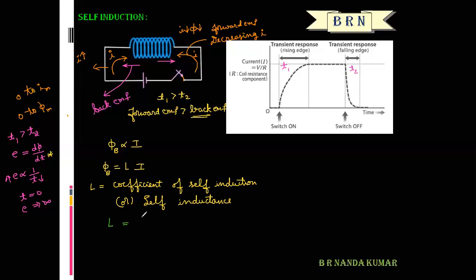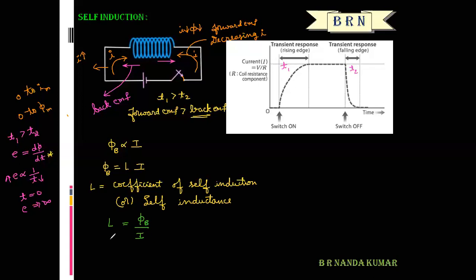Self-inductance is the magnetic flux per unit current flowing through the coil. The magnetic flux linked with the coil for 1 unit current flowing through it is called the self-inductance.